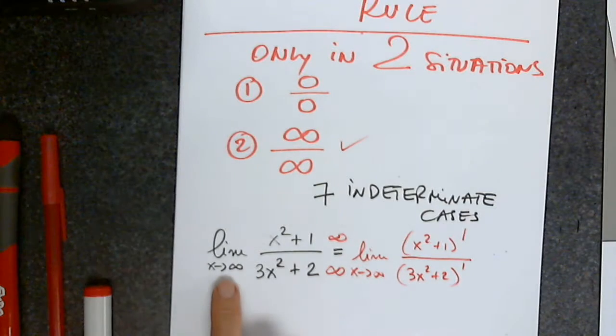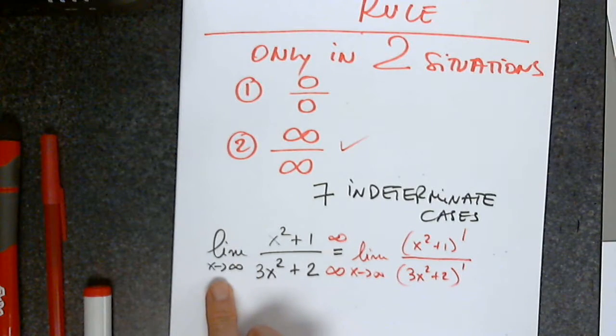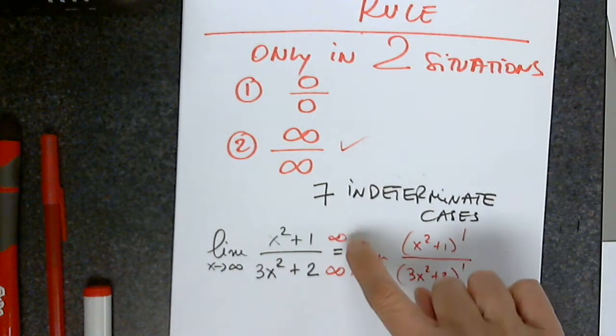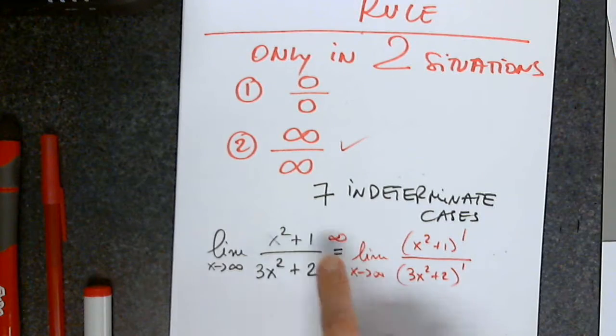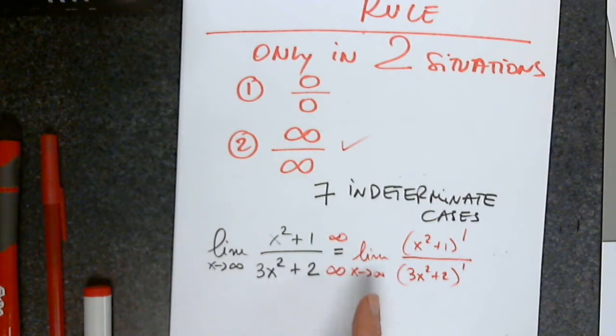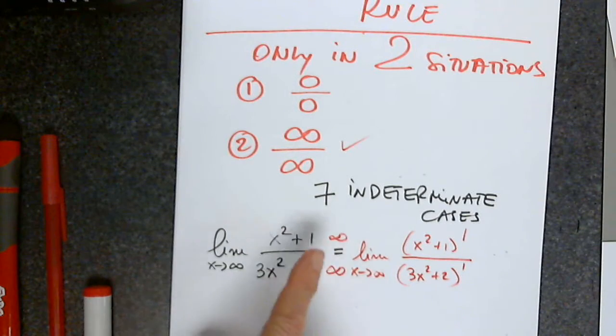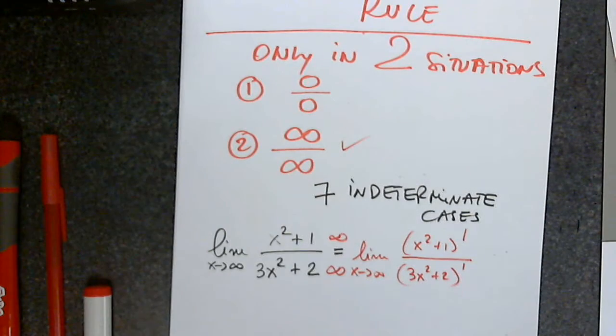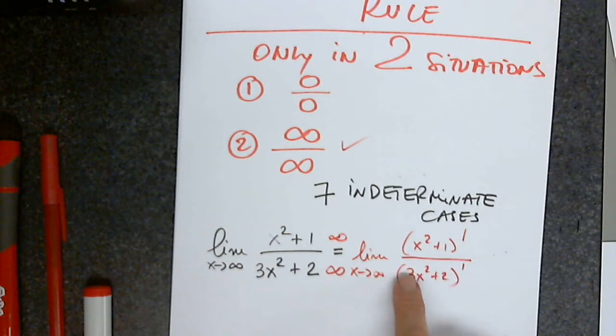And we are only talking about limits. So I can determine the limit of an expression in the situation of infinity over infinity or 0 over 0, only applying L'Hopital's rule, not applying the quotient rule, but only differentiating the top and differentiating the bottom.